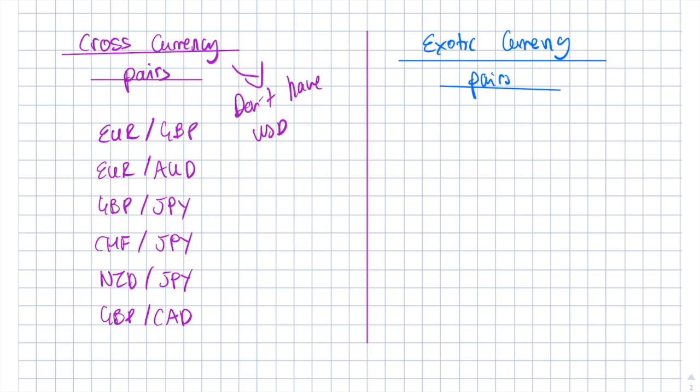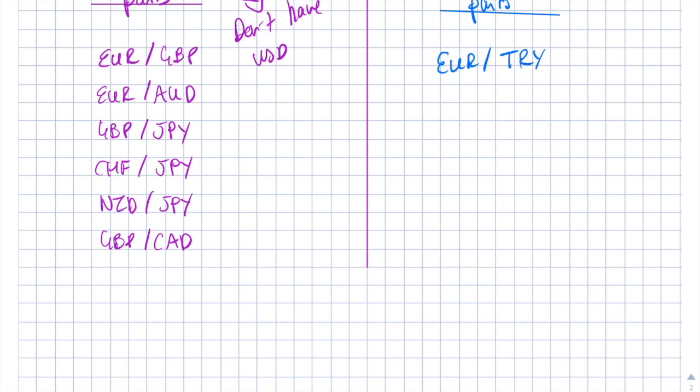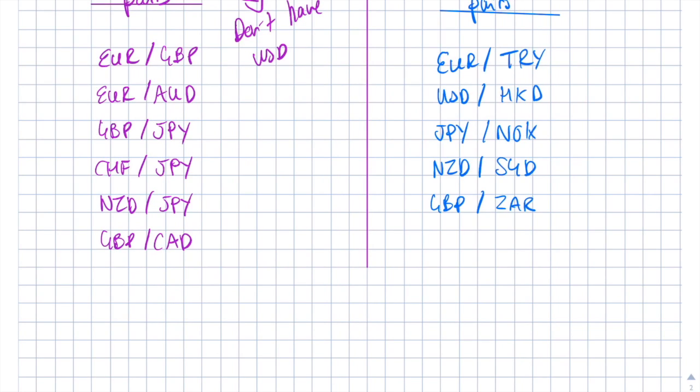So these are the euro and the Turkish lira, the USD and the Hong Kong dollar, the Japanese yen and the Norwegian krona, the New Zealand dollar and the Singapore dollar, the pound and the South African rand, and the Australian dollar and the Mexican peso.